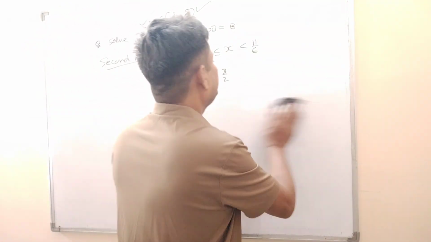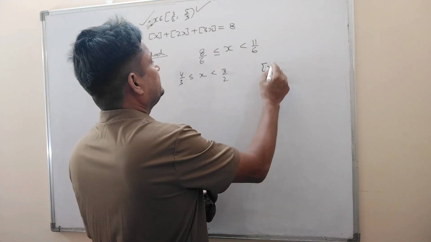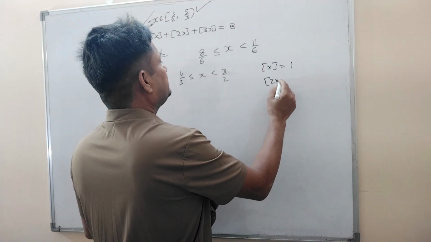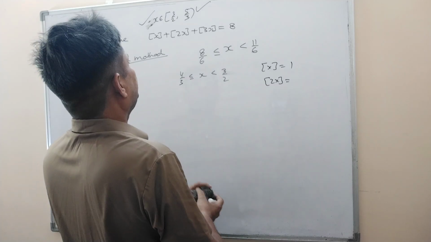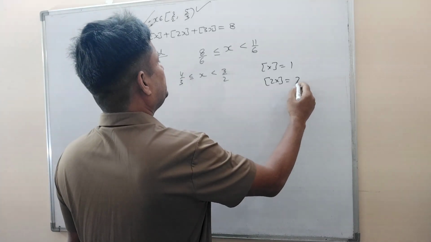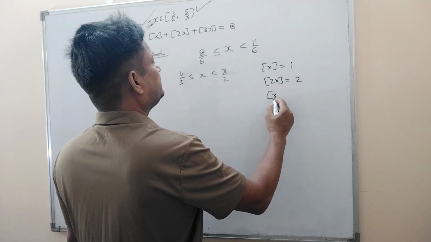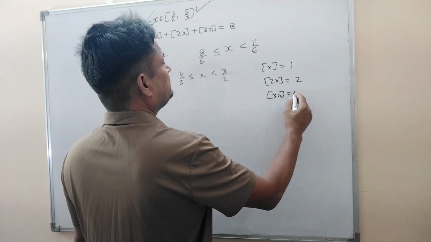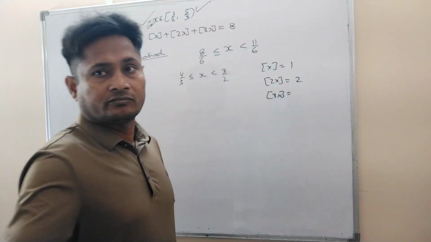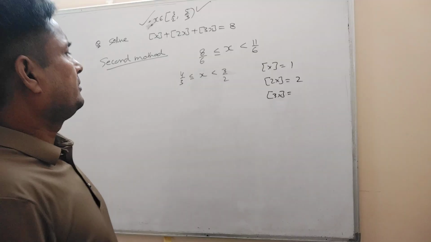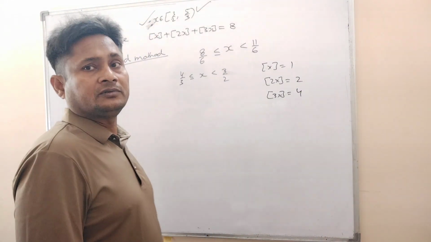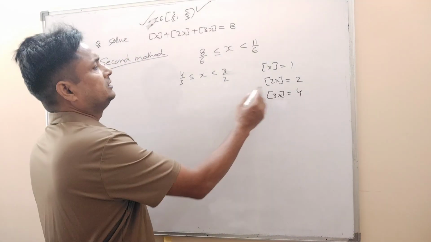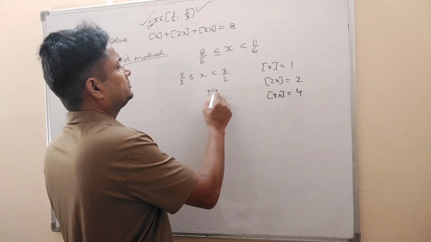In this interval, greatest integer of x will be 1, greatest integer of 2x will give you 2, and greatest integer of 3x will give you 4. So no solution in this one.